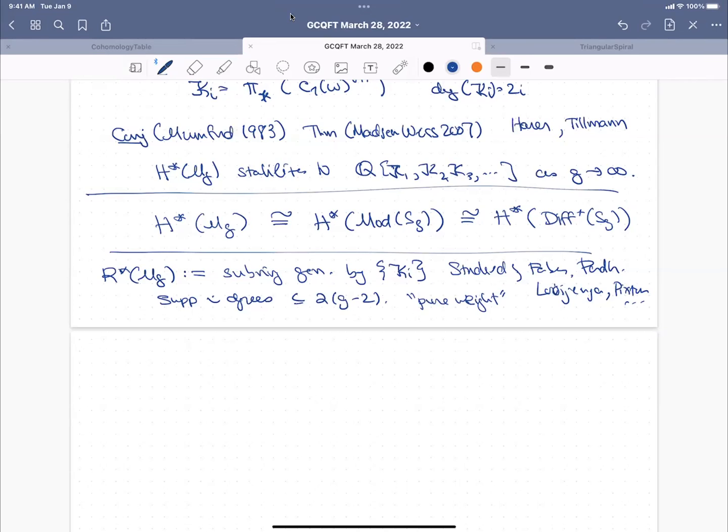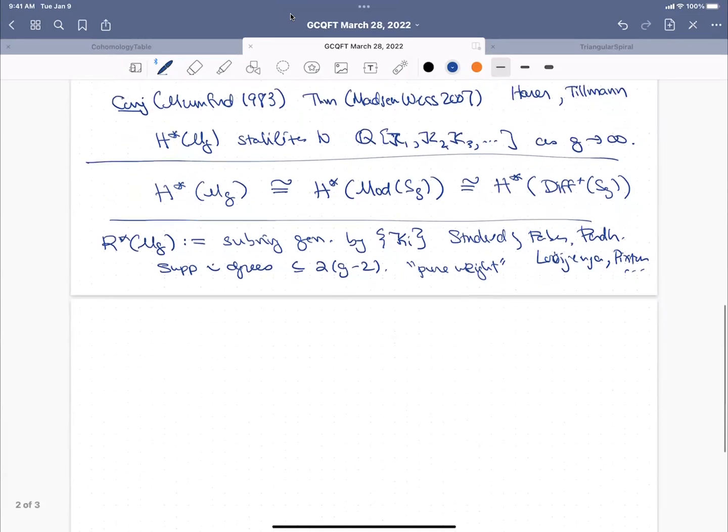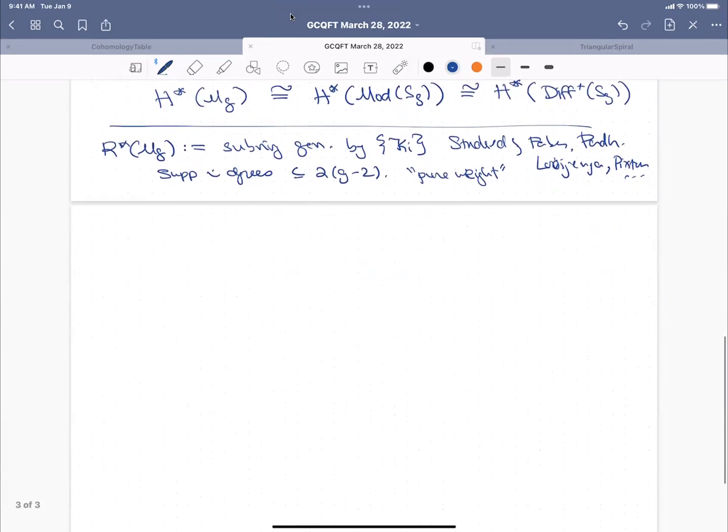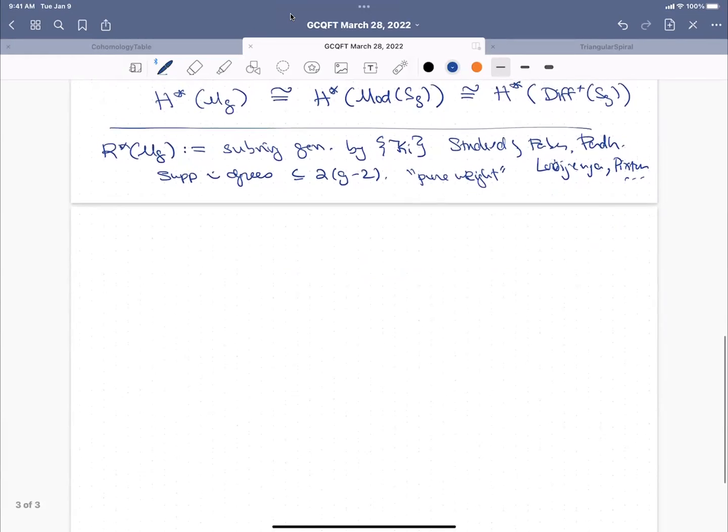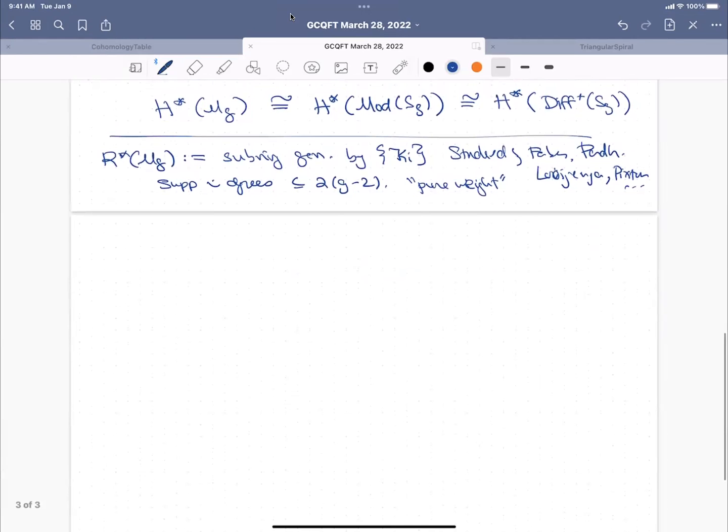So there's an increasing weight filtration and a decreasing Hodge filtration. Pure weight means that it appears in the associated graded of the weight filtration in weight equal to the cohomological degree. So the weight of kappa I is 2I, equal to the degree. And that's going to be important as we go on.